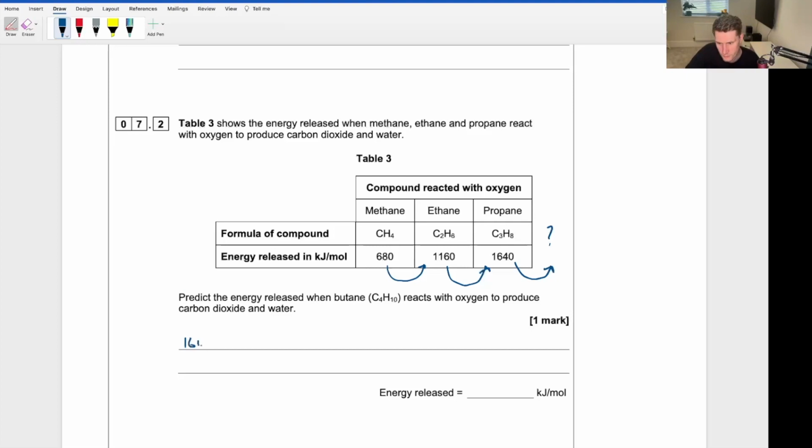So 1640 minus 1160 gets us 480. I'm going to add 480 to this, and I'll find out what my missing bit is. So the energy release will be 2120. An increase of 480 each time will take me to my new energy, which is 2120.